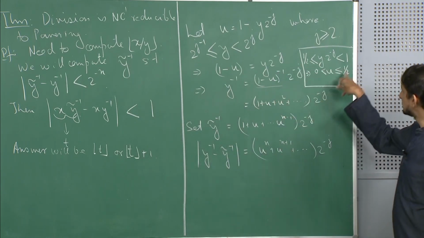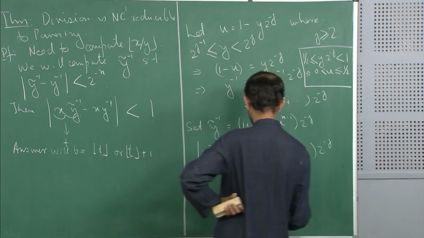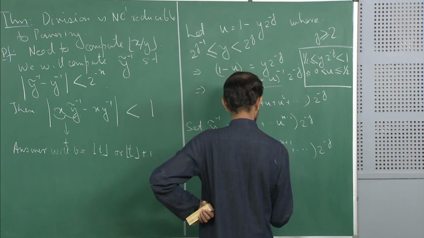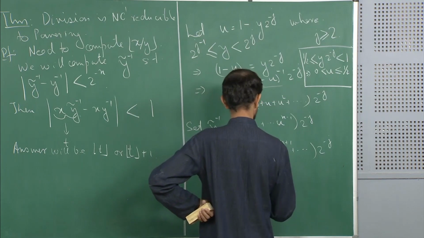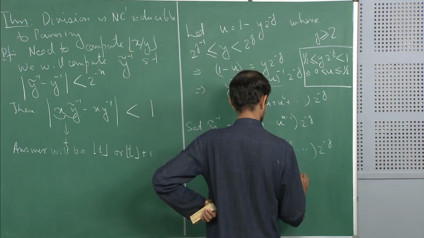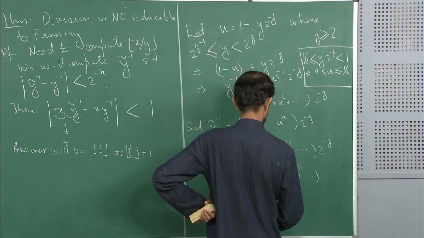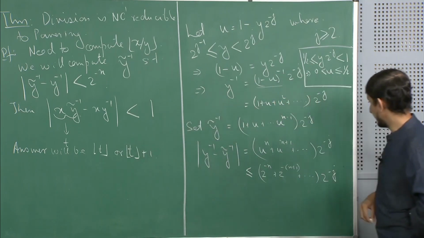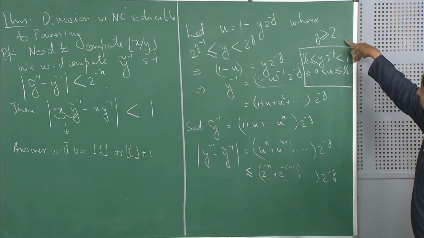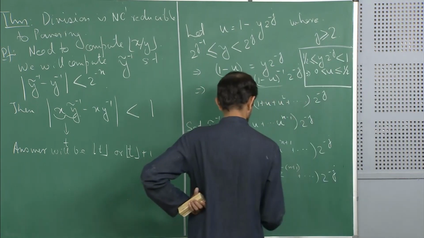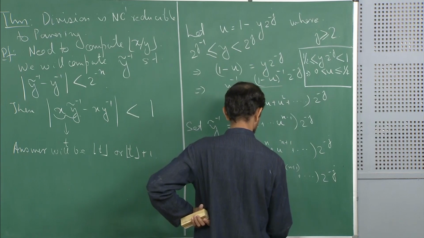Now, each of these u's is at most half. So, I can write this as bounded by 2 to the power minus n plus 2 to the power minus n plus 1, plus so on, times 2 to the power minus j. j we know is at least 2.